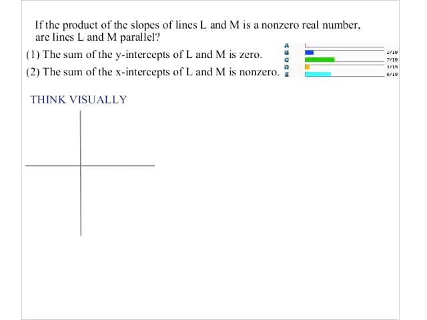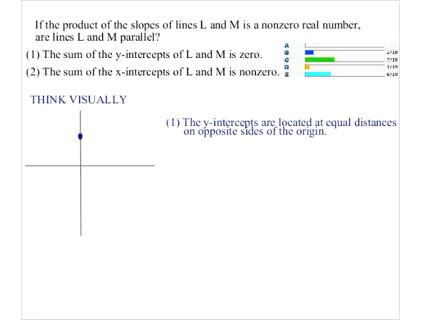They're located at equal distances on opposite sides of the origin. So that just means that you have one y-intercept up here, and one down here at the same distance away. Okay, some situation like this.